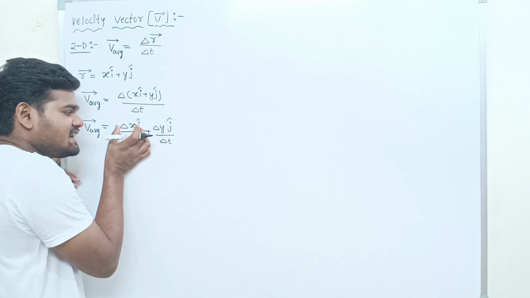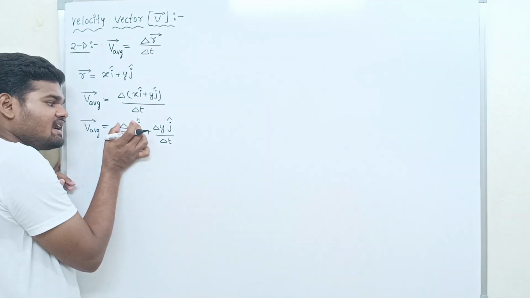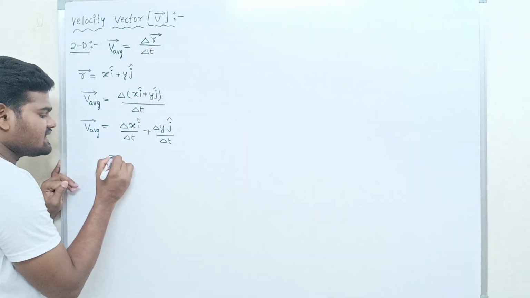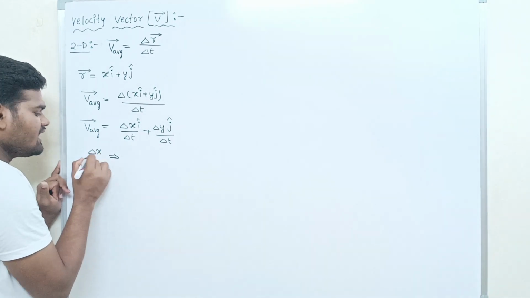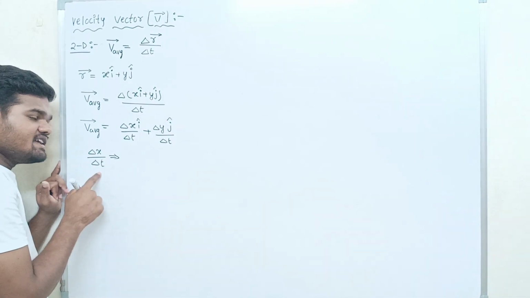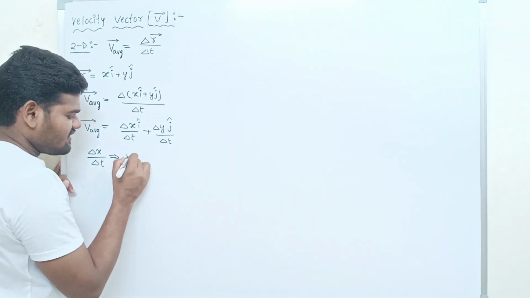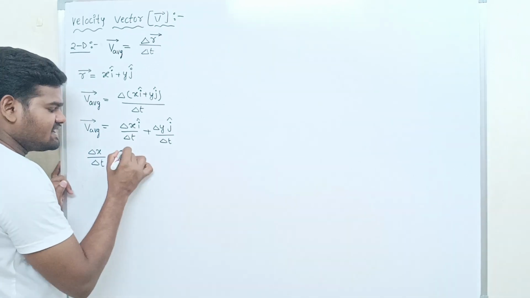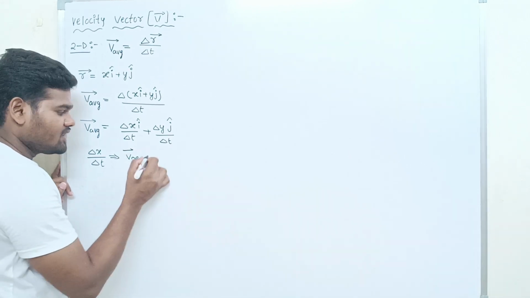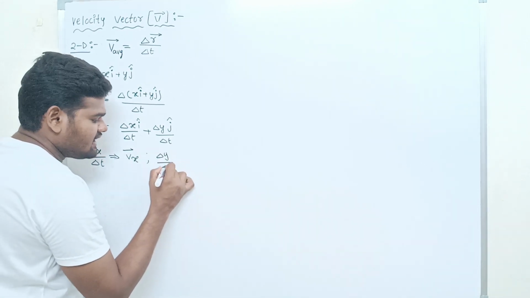So what is delta x by delta t? The rate of change of the position of a particle on the x-axis gives the velocity of the object in the x direction, Vx bar. What does delta y by delta t give?